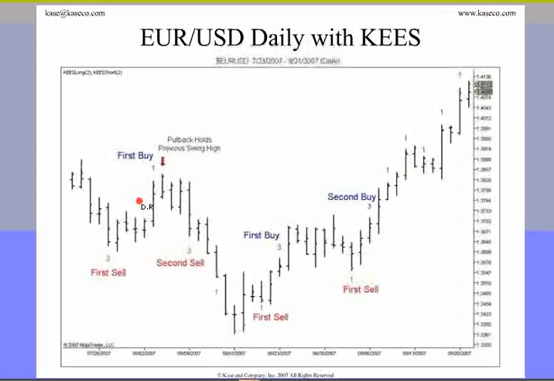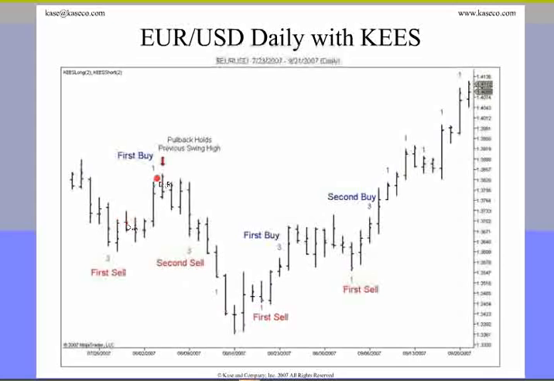If it's a long signal, it's going to be a blue number above the bars. So for example, here the market's falling, a third class signal forms with the red number 3. That's our first sell signal. We then wait for the pullback, as Ms. Kase just described. As long as the pullback holds the previous swing high, which would have been up in this area, that's still a valid sell.